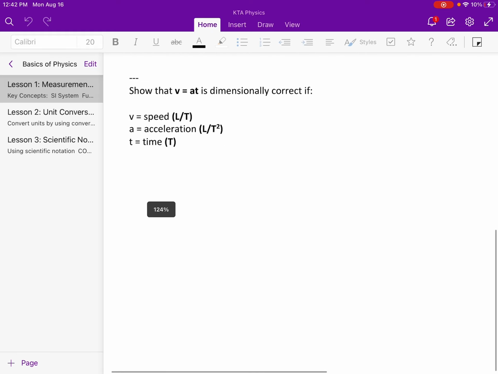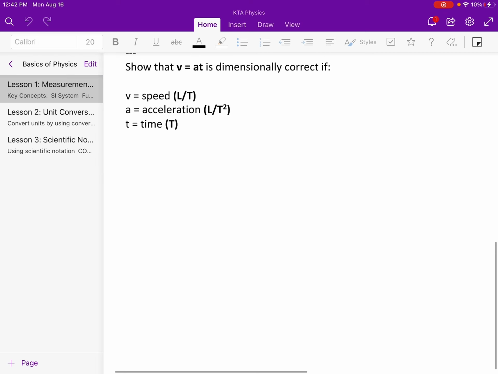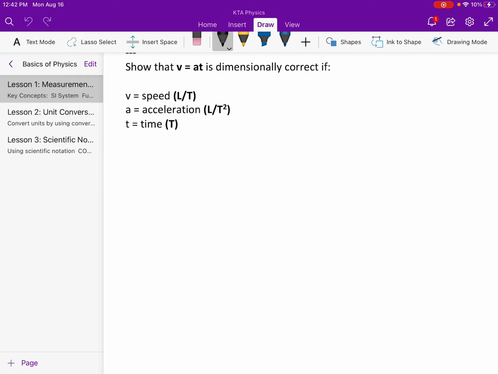And then let's see if we can show that V equals A times T is dimensionally correct if we know those things right there. So how can we show that that's dimensionally correct?